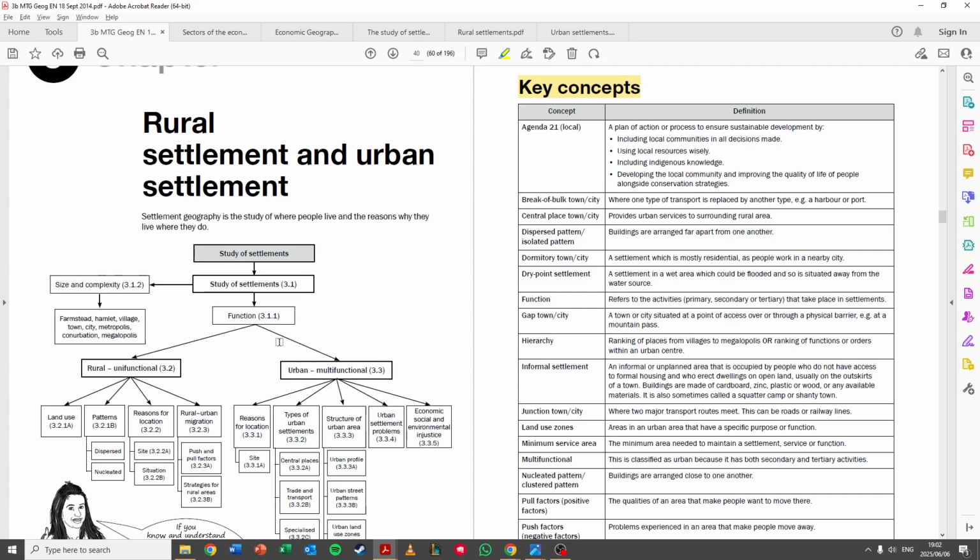A lot of the work is in Mind the Gap, which is the one I will be going through today, but please remember to make use of the notes as well. There are certain things that are a little bit more in the notes than in Mind the Gap, because they do not take all of the content and put it in. They summarize a lot and only take the important stuff.